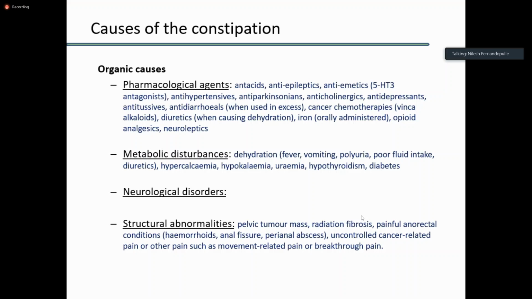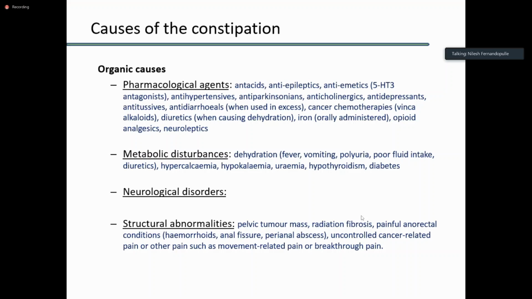Then a few metabolic causes, things like hypokalemia, uremia, hypothyroidism, diabetes. These are very simple things: serum calcium, serum potassium. We do it, and you can find out what the cause of the constipation is. And dehydration might be causing constipation, because the stools are very hard.